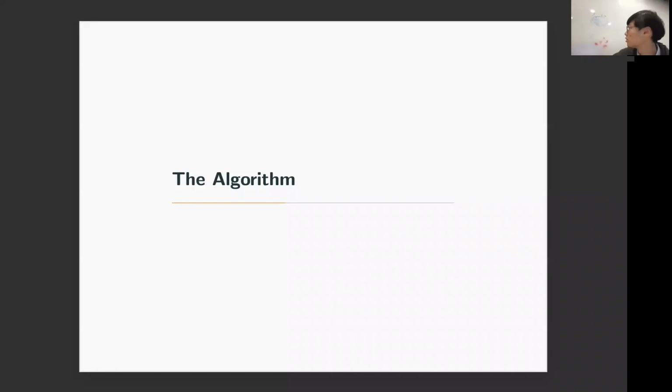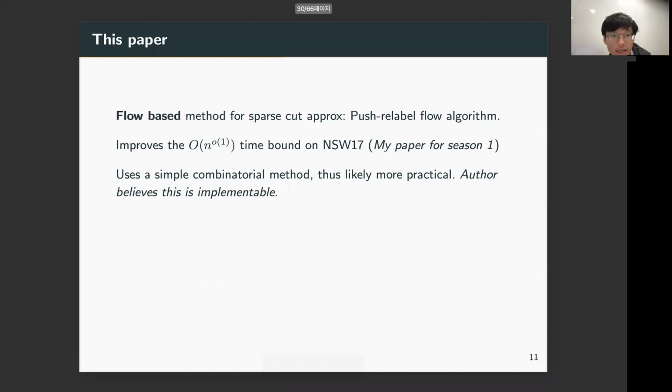So let's go back to the algorithm that solves the expander decomposition. We won't go very deep into expander pruning here. This paper uses a flow-based method for sparse cut approximation, and it uses a push-relabel flow algorithm in its deepest part. It improves the n^{o(1)} time bound of NSW17. That was my paper for season 1, and it is really complicated, as you know.